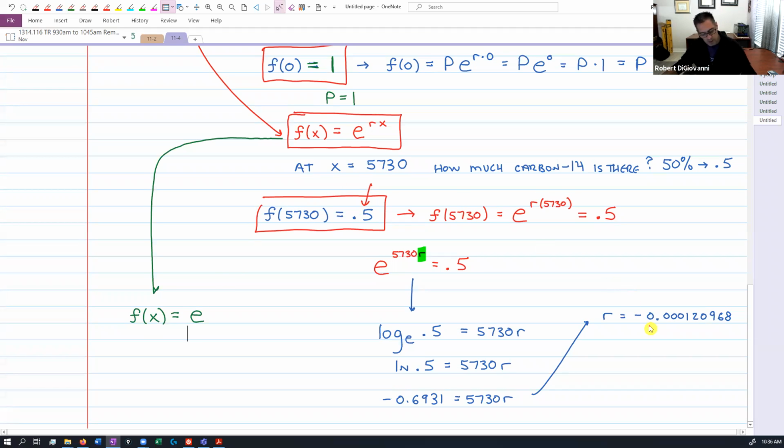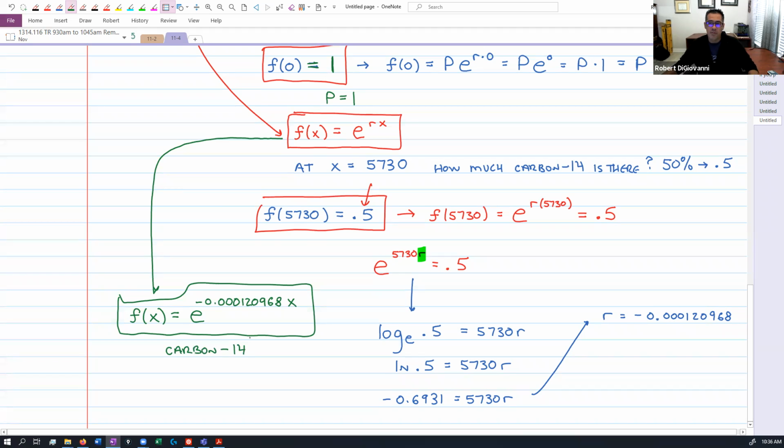R is this number, negative 0.000120968x. And this right here is the master formula for carbon-14. You should write that down.